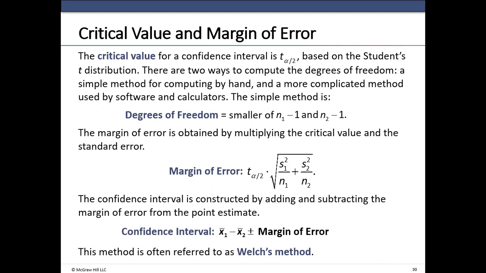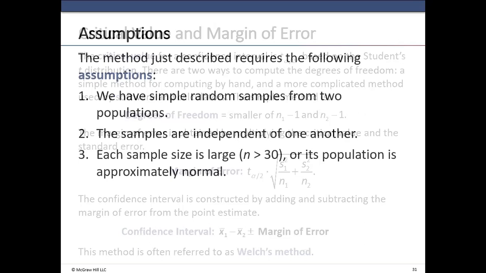There are two ways to compute degrees of freedom, a simple method by hand and a more complicated method by software calculators. The simple method is degrees of freedom equal to the smaller of n1 minus 1 and n2 minus 1. Margin of error is obtained by multiplying the critical value of t with the standard error. The confidence interval is x1 bar minus x2 bar plus or minus the margin of error. This method is often referred to as Welch's method.